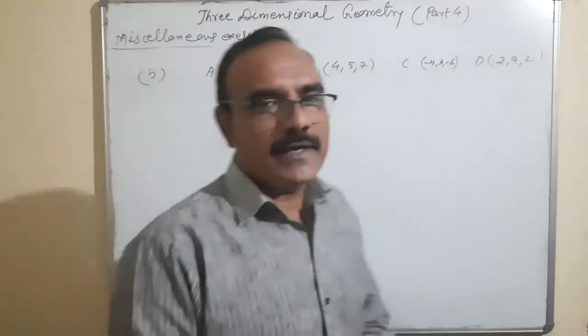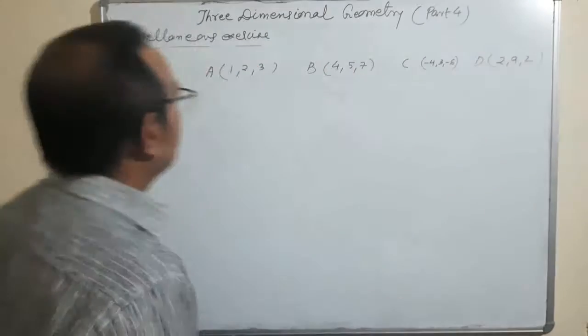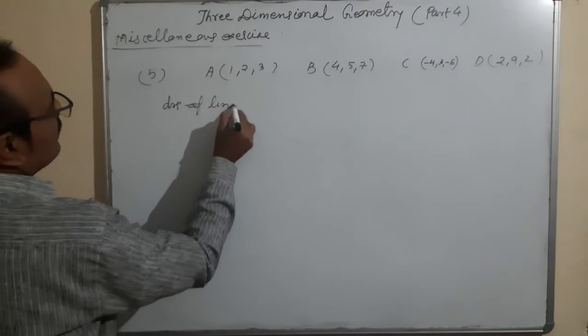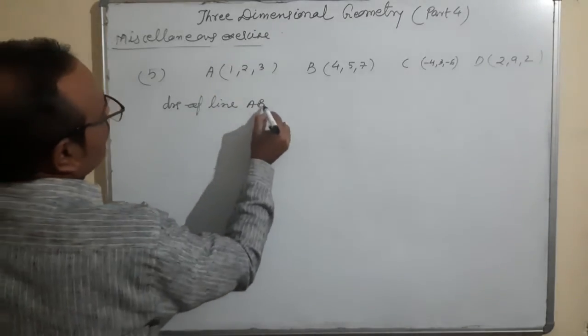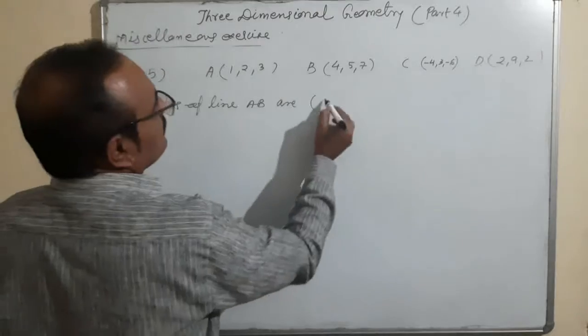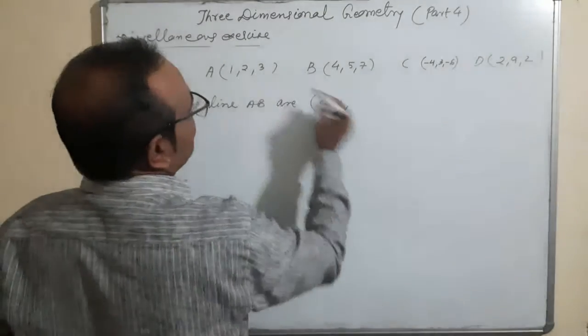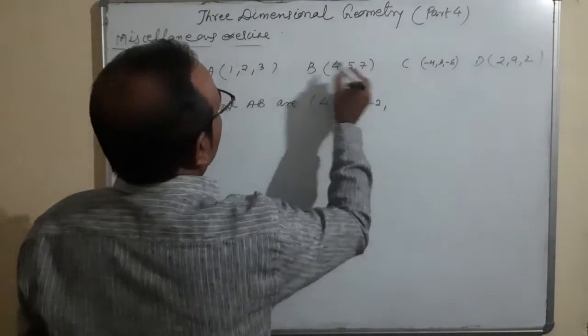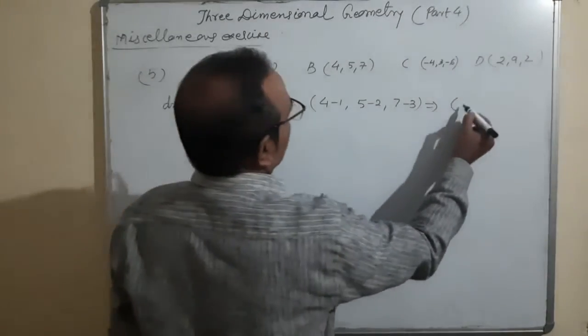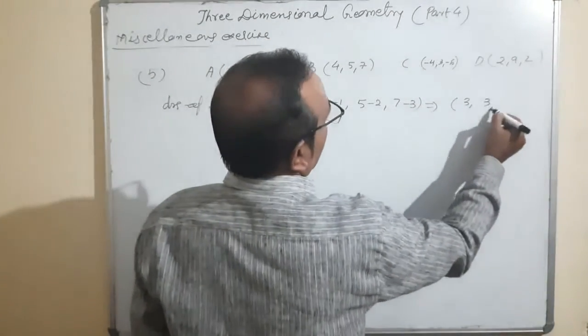First of all, I am finding the direction ratios of line AB. Direction ratios of line AB are 4 minus 1, 5 minus 2 and 7 minus 3. That means 3, 3 and 4.